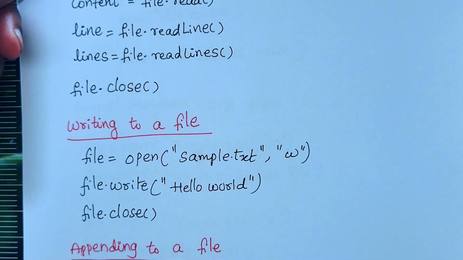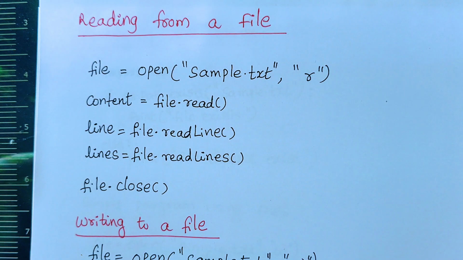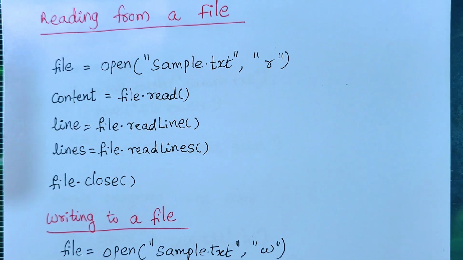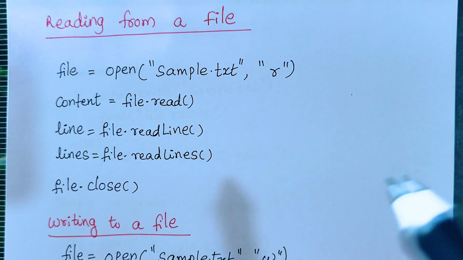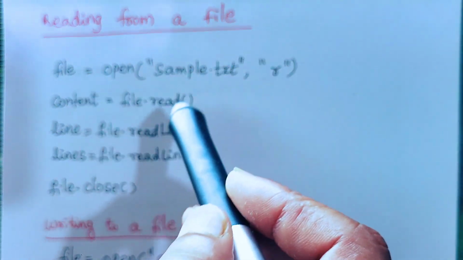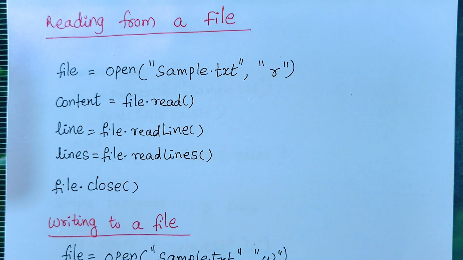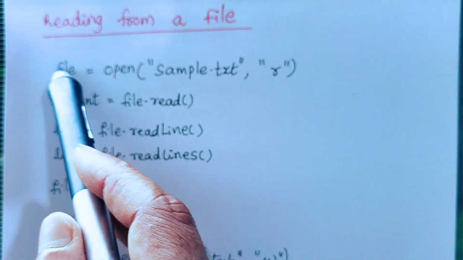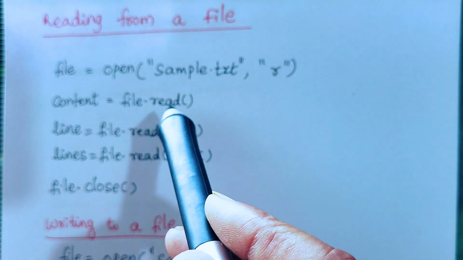You can see now how to read a file. This is called reading a Python file. This is a sample program for reading a file in Python. File is equal to open sample.txt.